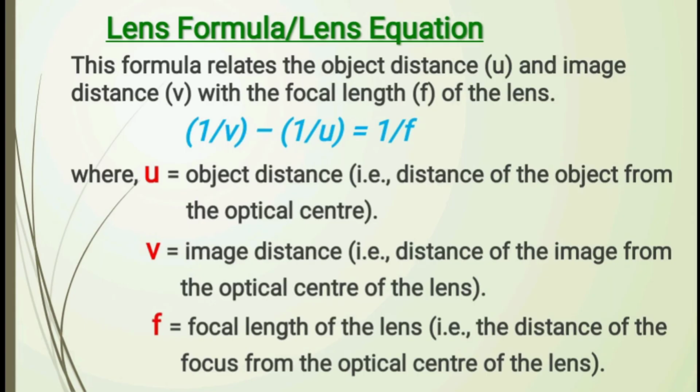1 by v minus 1 by u is equal to 1 by f is the lens formula or lens equation that relates the object distance u, image distance v, and the focal length f of the lens. This formula or equation helps us in calculating the value of u, v or f if any two quantities are known to us.